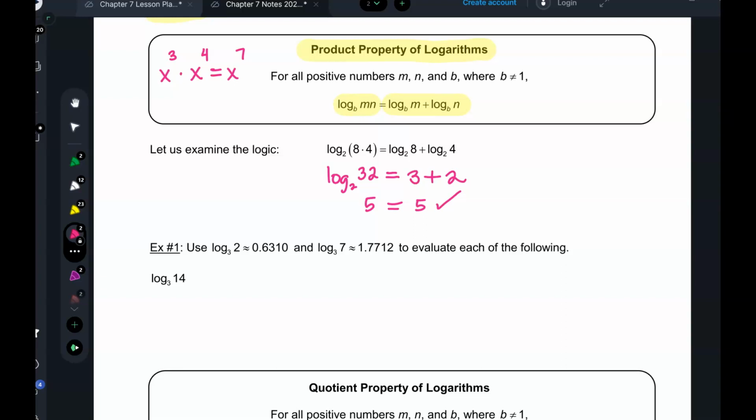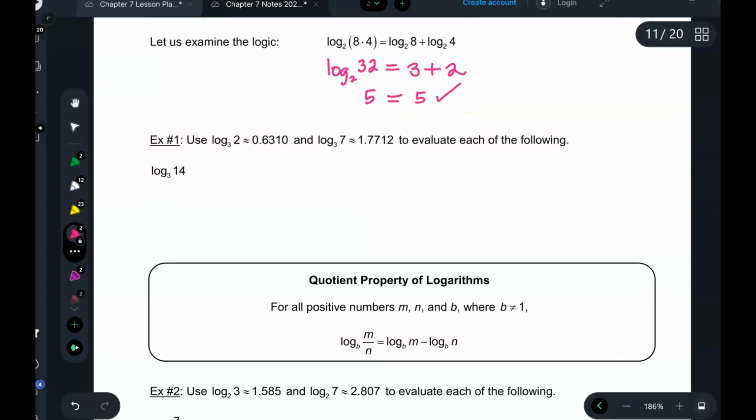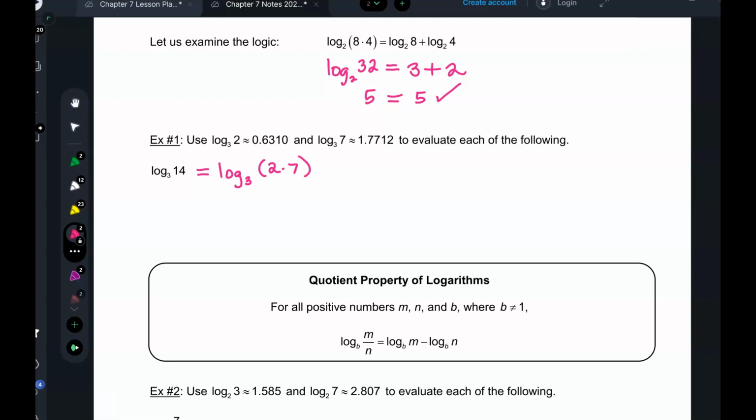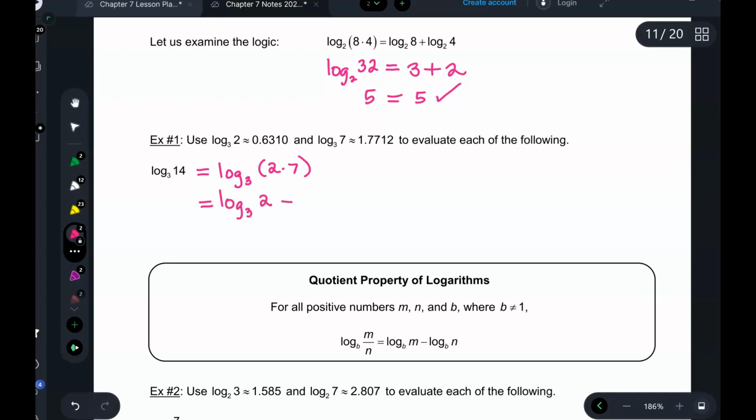So how can I rewrite log base 3 of 14? I can write that as log base 3 of 2 times 7. Because if I know 2 and 7, how can I expand that? I'm going to rewrite this as log base 3 of 2 plus log base 3 of 7.